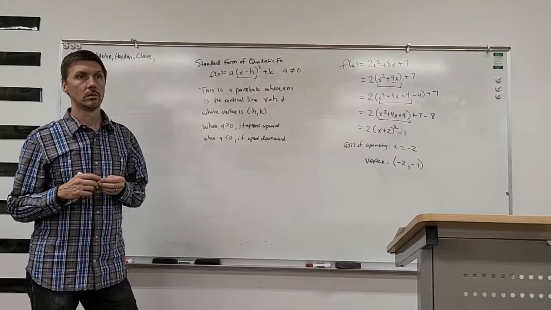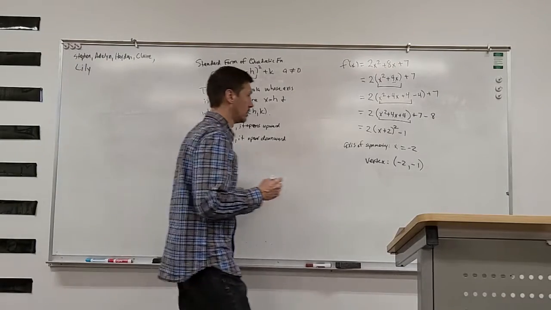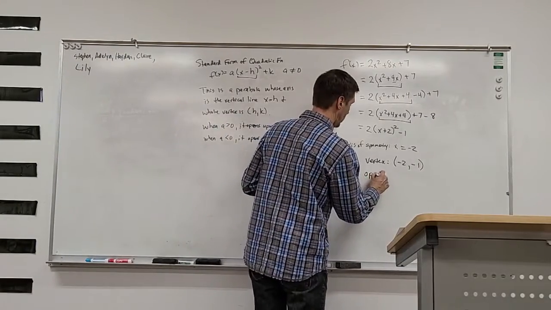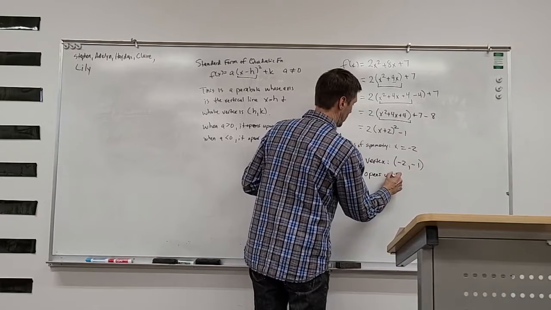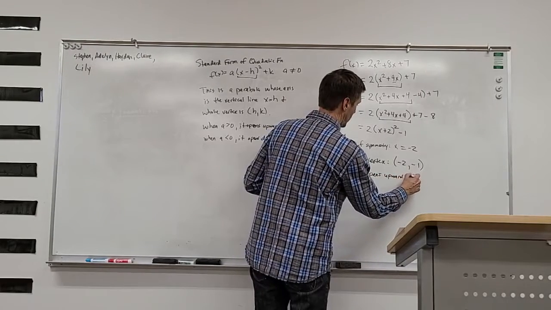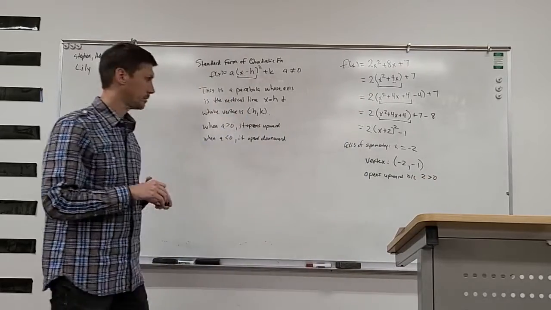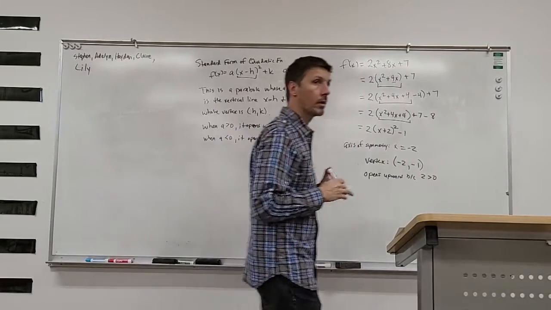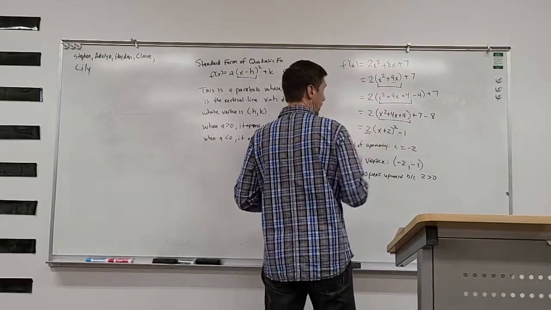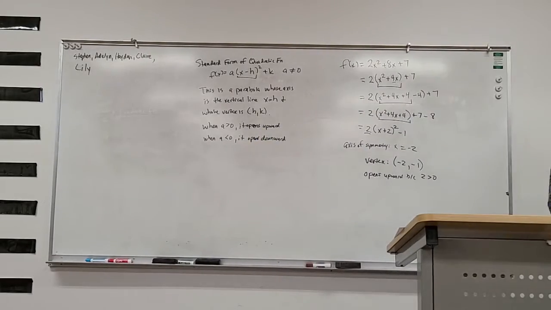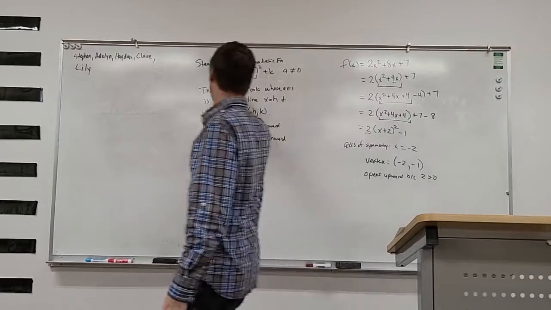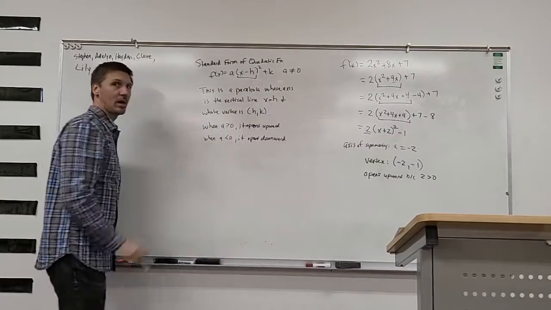It's going to open upward because 2 is positive. Yep, opens upward, because 2 is greater than 0, right? Which two? The A term, right? Because A is positive, yeah.